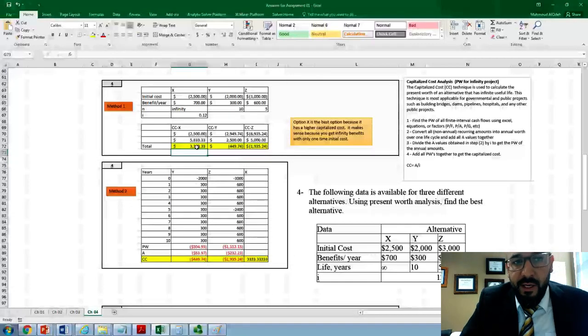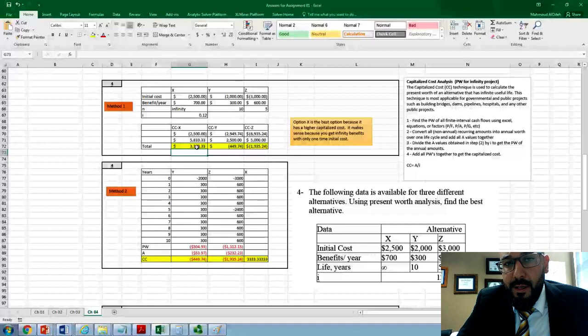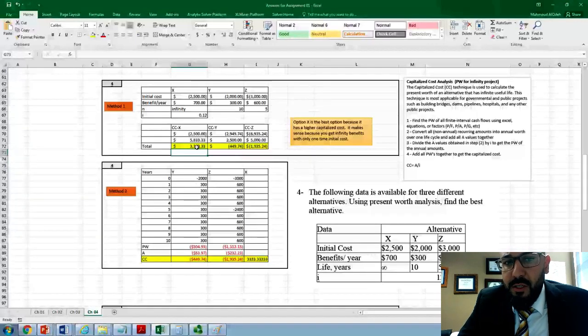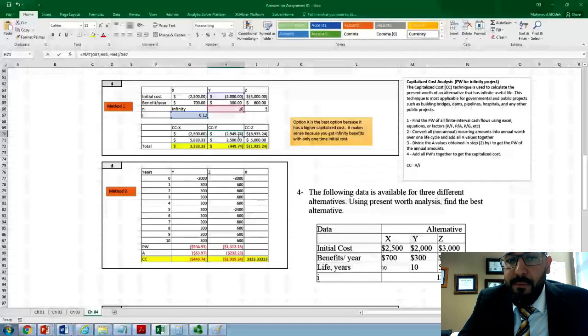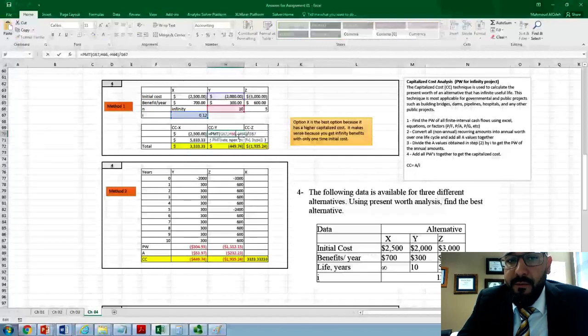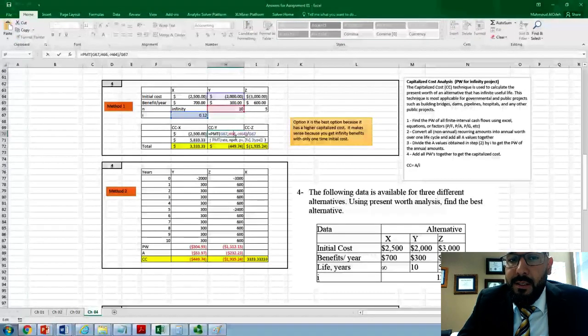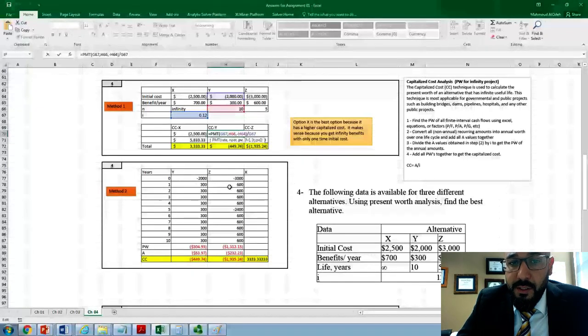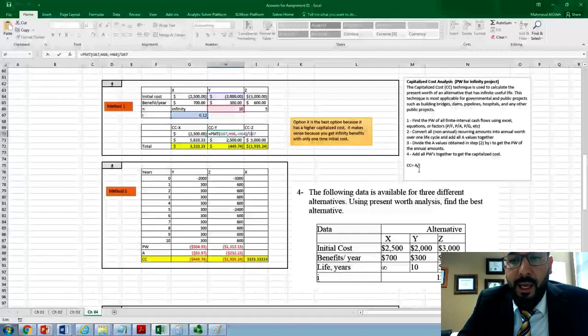We will have to find the capitalized cost, because we need to assume these projects will go forever. However, they're not forever. So first of all, for the initial cost, we have to convert it into A format. So we use the payment function PMT for 12%, 10 years, present worth negative 2,000. And then divide that by i. As we said on the right side, capitalized cost is A divided by i.